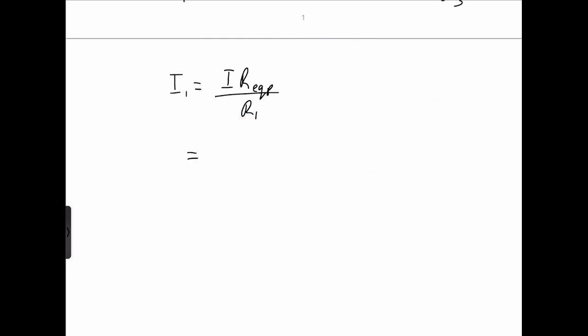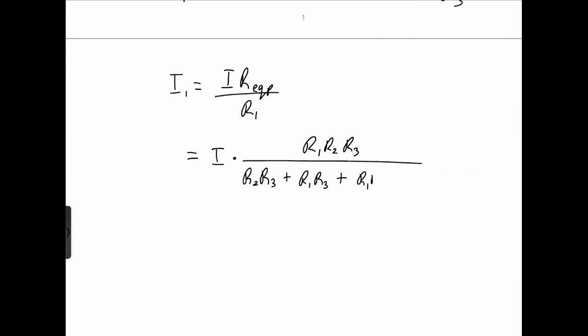So that simplifies to I multiplied by R1 R2 R3, and as we said earlier, we omit each resistor. We omit R1, so we get R2, R3, plus omit R2, so we get R1, R3, plus omit R3, so we get R1, R2.